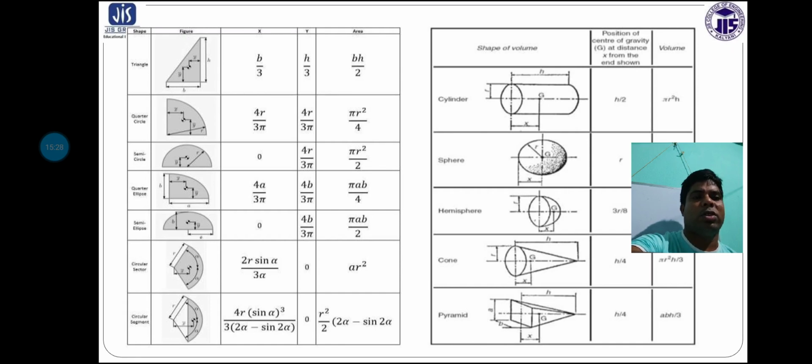In the next class we will discuss how to solve problems relating to center of gravity, using all the formulas that I mentioned in today's lecture. These are very important, and their implementation is very common in numerical problems. Thank you for today's class.